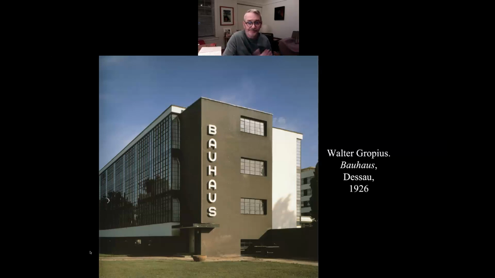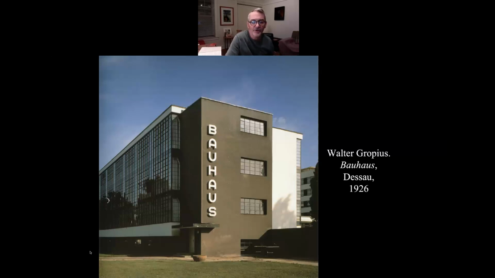Okay, so the campus of the Bauhaus, originally they were in Weimar, home of Goethe, in a very culturally conservative part of Germany. Eventually they wore out their welcome.